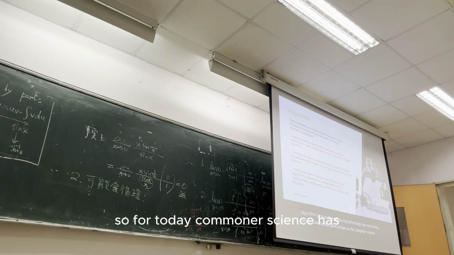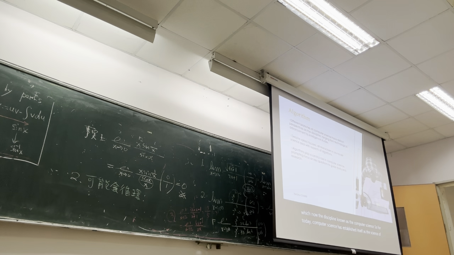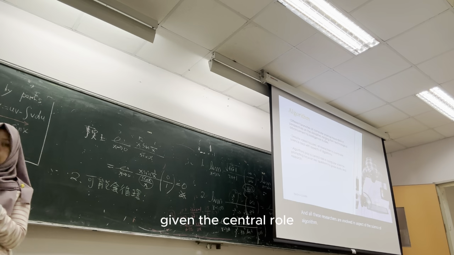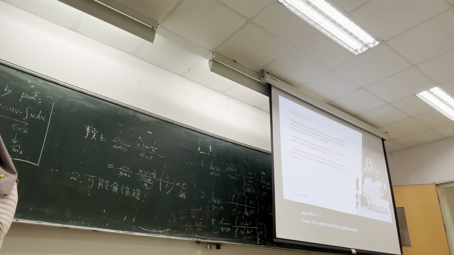So for today, computer science has established itself as the science of algorithm. And all of these researchers are involved in some aspect of the science of algorithm, given the central role that algorithm plays in computer science.